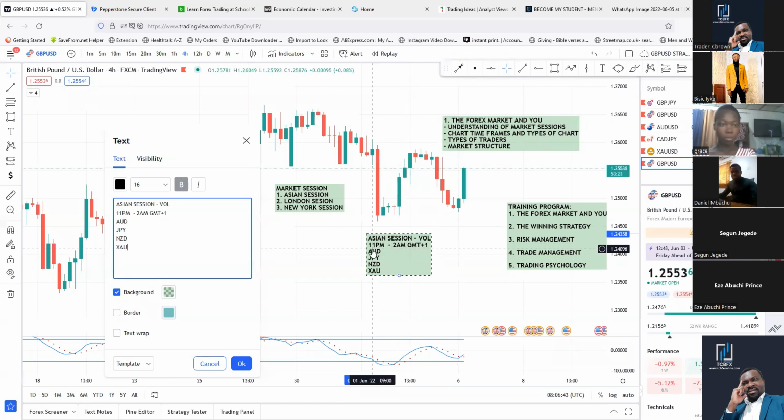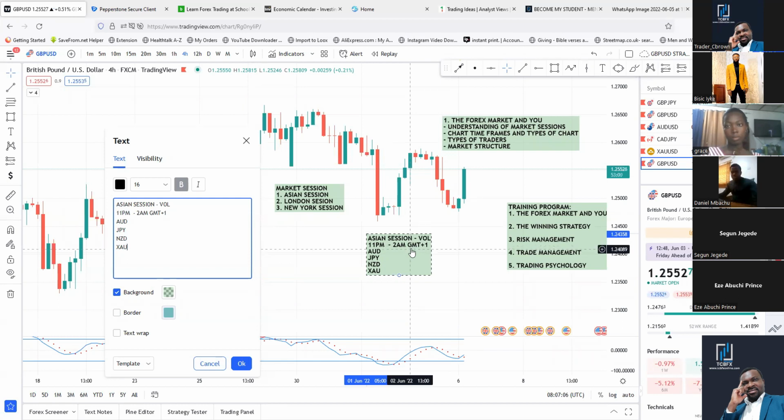You see what the time is? Very short, limited time: 11 p.m. to 2 a.m. And within this time frame, you should have caught a trade. Now, who is this type of trading session for? It's very simple.